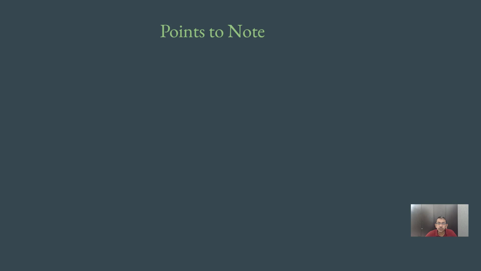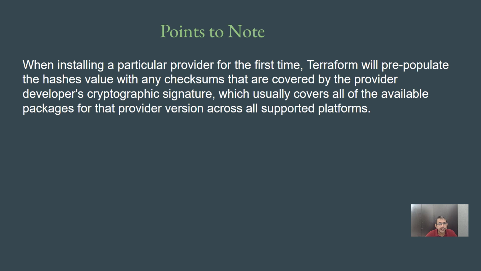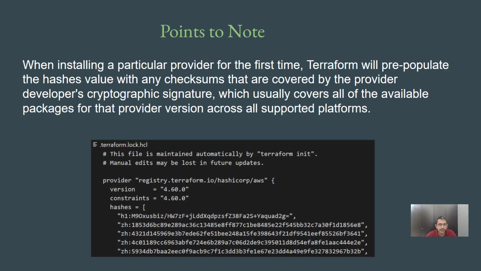Now, before we conclude, certain points that we need to keep a note of. First one is that when you install a specific provider for the first time, Terraform will also pre-populate the hash value with any checksum that are covered by the provider developer's cryptographic signature. For example, if you look into the log.hcl file, along with the version, you also have the hashes that are available.